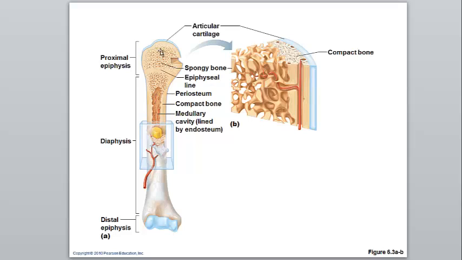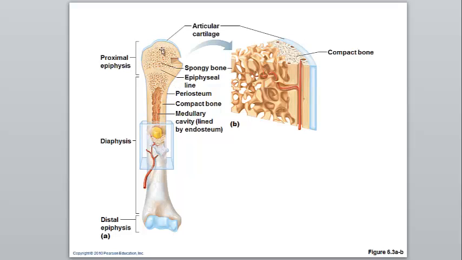And that's how your bone elongates. So the epiphyseal line is only found in adults who have stopped growing, because this hyaline cartilage is now calcified, and we say that the growth plate has been closed. That means that person is not going to grow any longer.